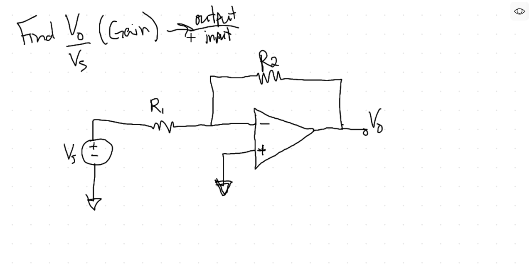Great. So like we mentioned before, we're going to use the node voltage method. Remember from that video, we want to identify all the nodes in the circuit, and we want to give those nodes a name.